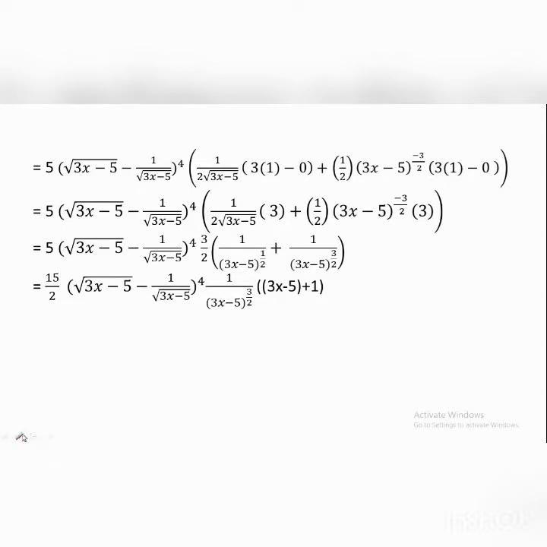How to adjust? I will explain. We want 3 upon 2 in the denominator. How is it possible? It is possible if power half plus 1 is there, since half plus 1 is 3 upon 2.